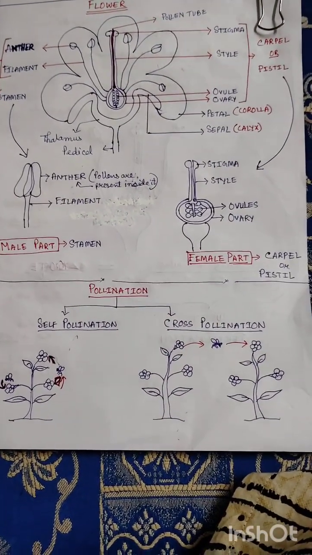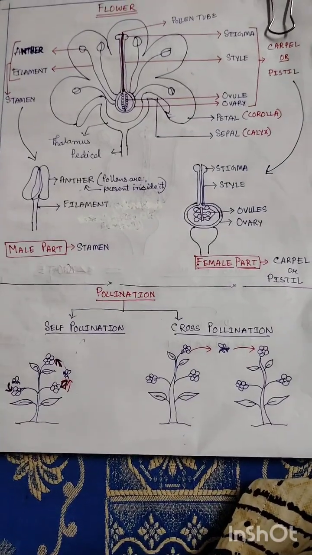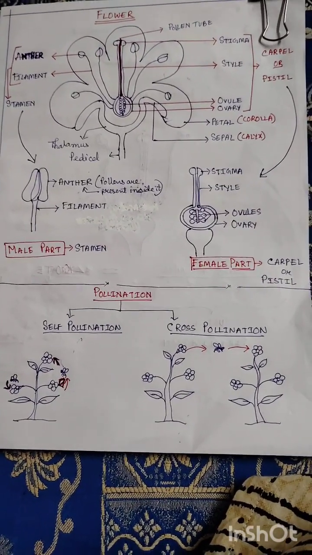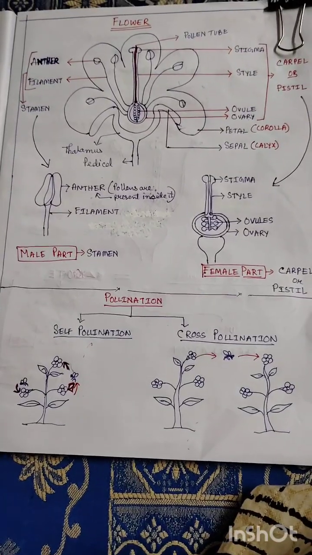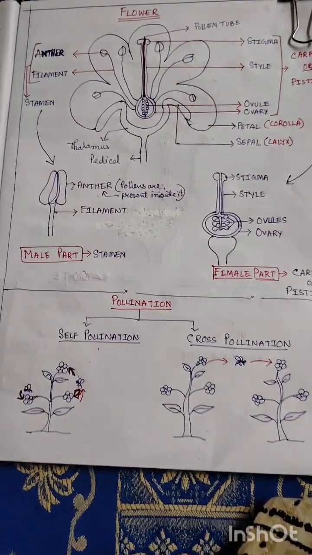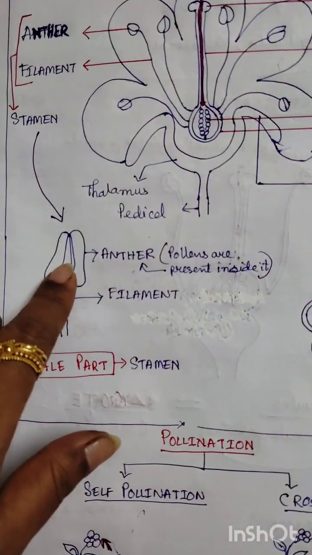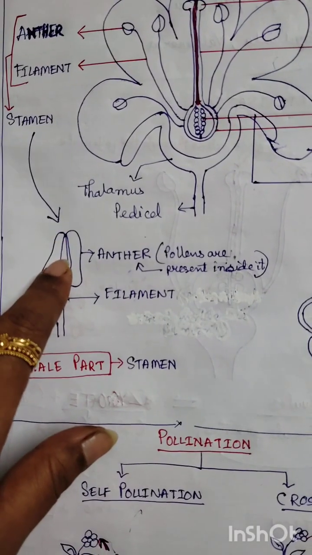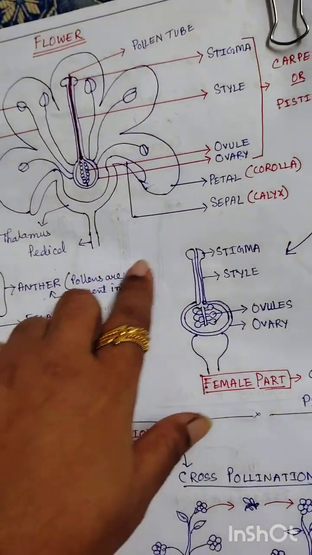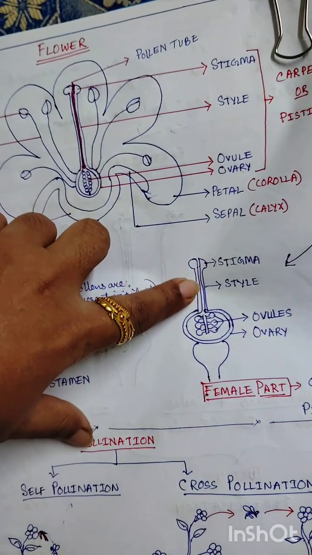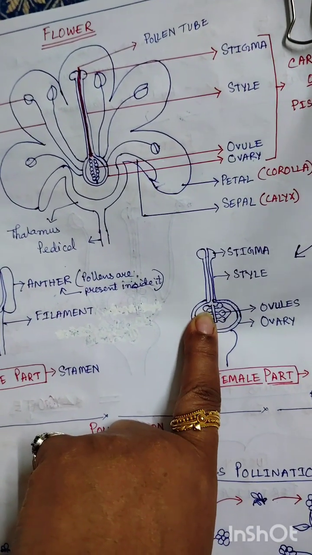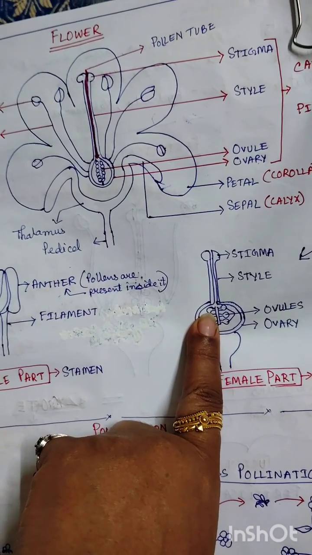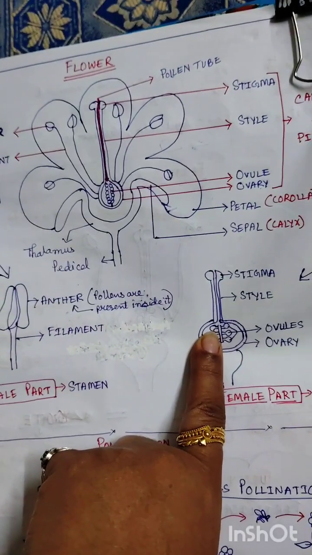Pollination. What is pollination? The transfer of pollen grains from the anther to the stigma of a flower or another flower is called pollination. That means the pollen present inside the anther goes to the ovary of the same flower or of another flower.